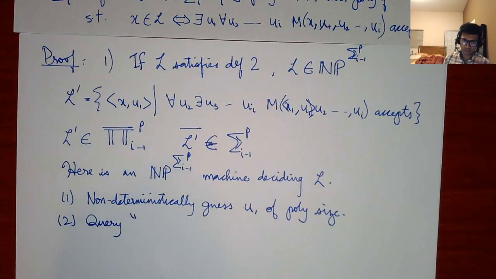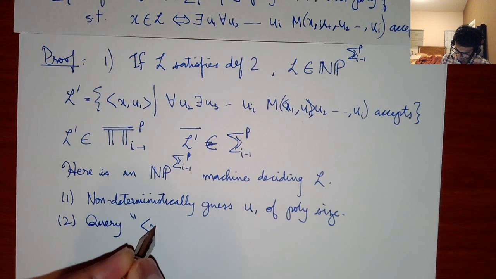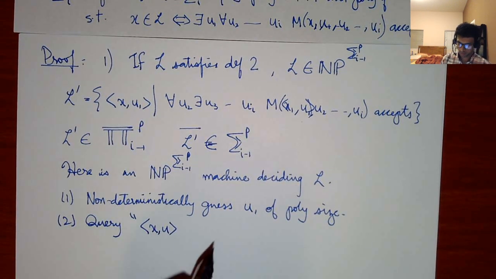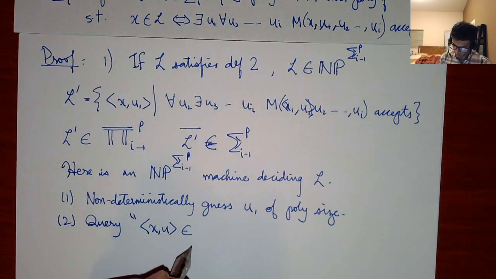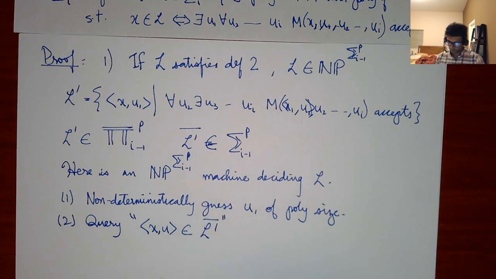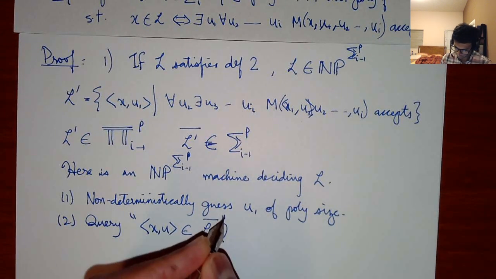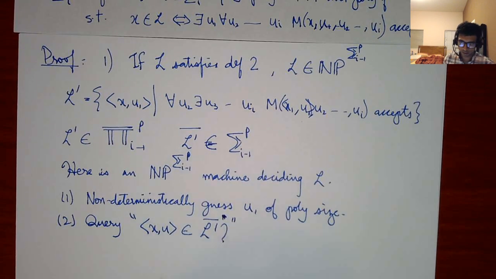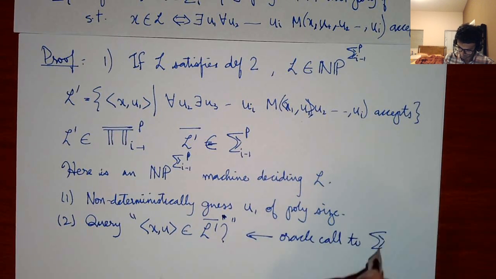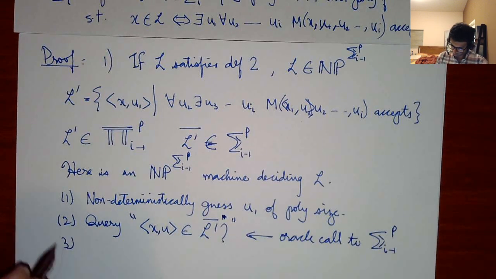So you can basically make a query of (x, u1), and if you wanted to be really exact, you query, is this in L prime, in the complement, and this is where the oracle call to a language in sigma I minus 1 comes in, and it'll just switch the answer.